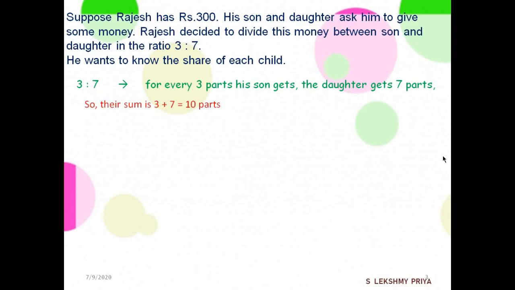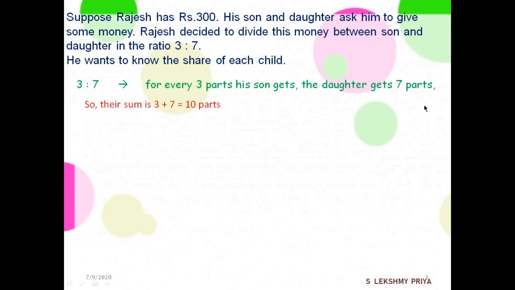The terms are 3 and 7. When we find the sum of these terms, 3 plus 7, we get 10, and Rajesh is going to divide the 300 rupees into 10 parts. After dividing it into 10 parts, 3 parts will be given to his son and 7 parts will be given to his daughter.